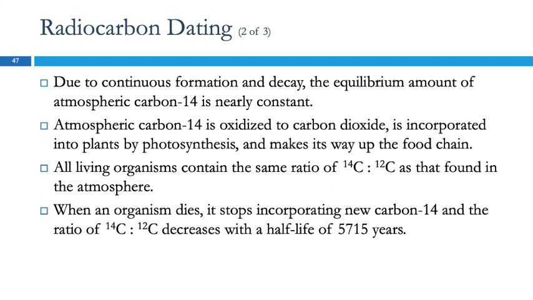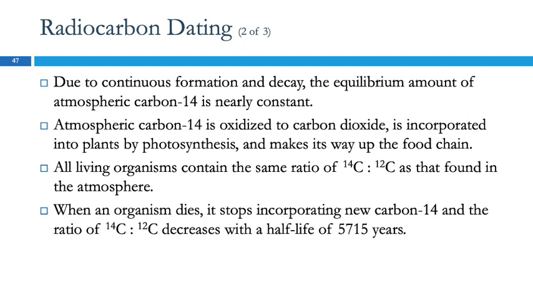So carbon-14 is constantly being formed in the atmosphere, and it's also decaying. As a result, the equilibrium amount of atmospheric carbon-14 is almost constant. The atmospheric carbon-14 does the same things that other carbon isotopes do: it gets oxidized into carbon dioxide, gets incorporated into plants by photosynthesis, and makes its way up the food chain.